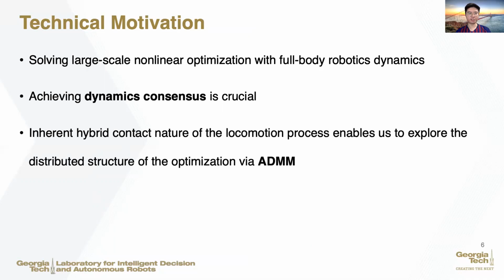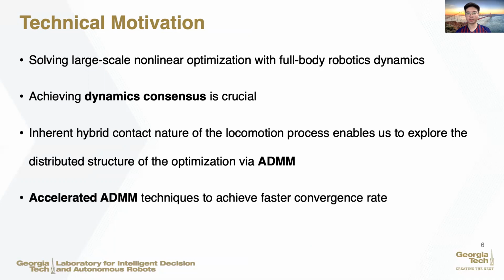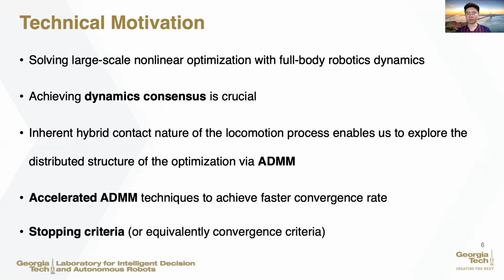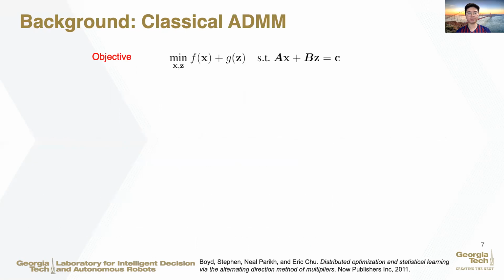Also, the inherent hybrid contact nature of the locomotion process enables us to explore the distributed structure of the optimization via ADMM. Thus, we aim to make use of the existing acceleration techniques to achieve better convergence rate in our own formulation. Also, the stopping criteria, or equivalently convergence criteria, are not clearly defined to guarantee the dynamics feasibility.